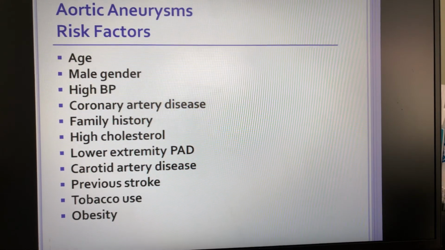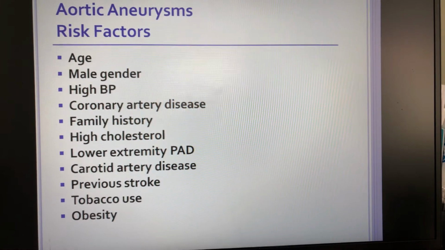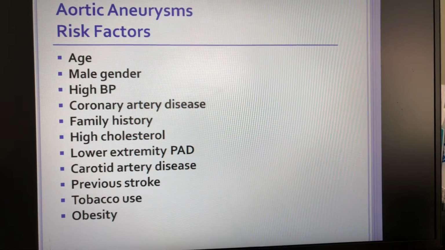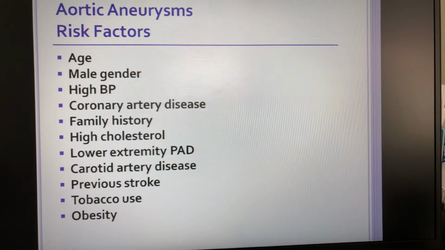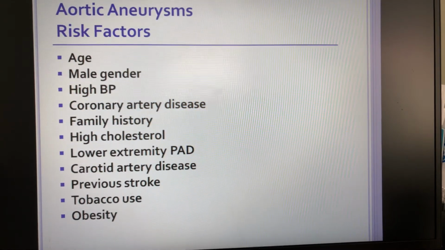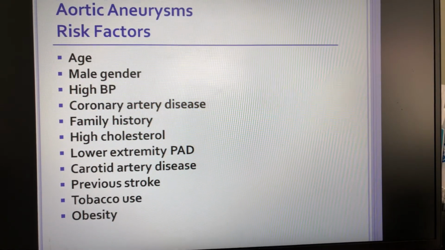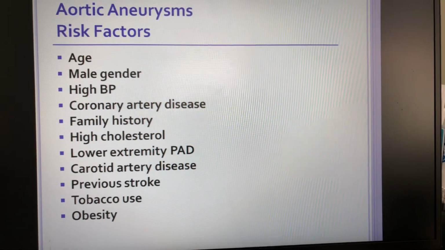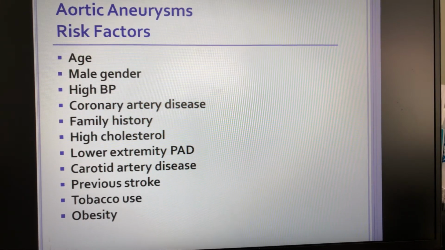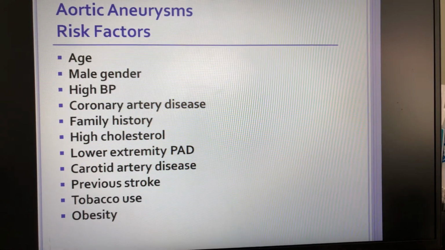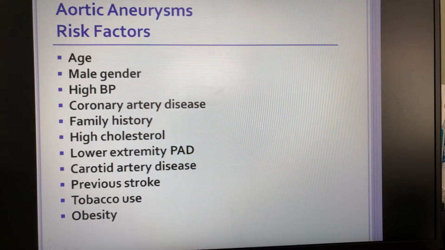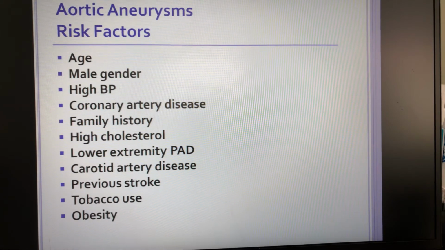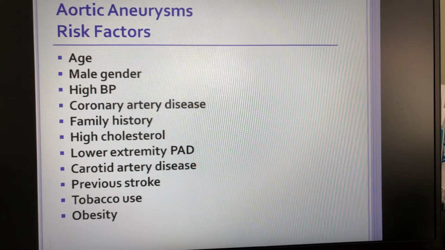Other risk factors include age, male gender, which we had already mentioned, coronary artery disease, family history, we mentioned the high cholesterol, any other peripheral vascular disease, carotid artery disease, a previous stroke, and we mentioned tobacco use, and obesity is also one of the risk factors.